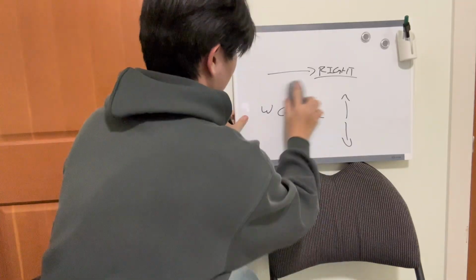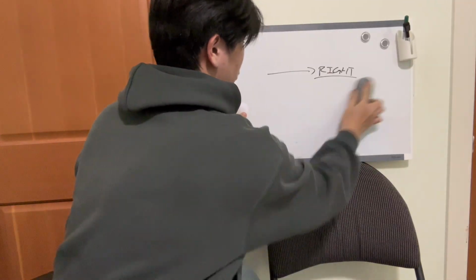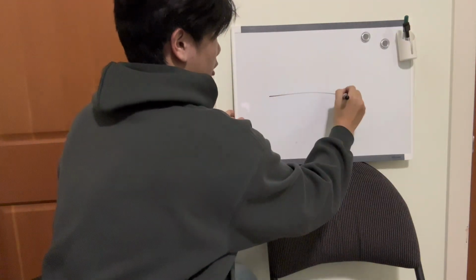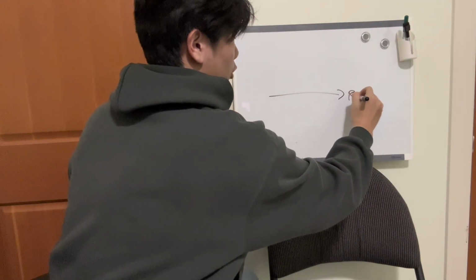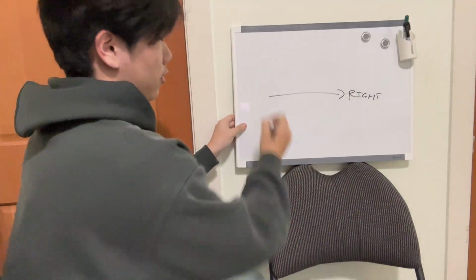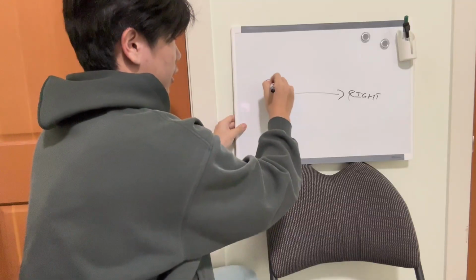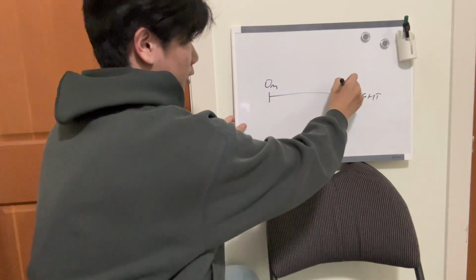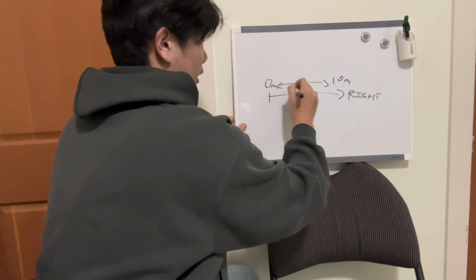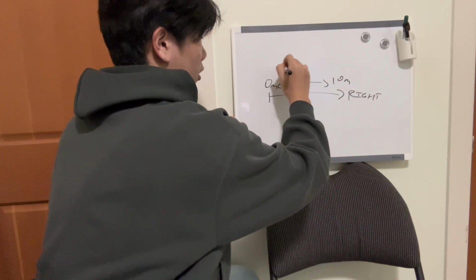Now, the second thing Vector talked about was magnitude. What is magnitude? If I have an arrow pointing to the right, magnitude would be the length of the arrow. Let's say this is 0 meters, and the end is 10 meters. The magnitude of this is 10 meters total.